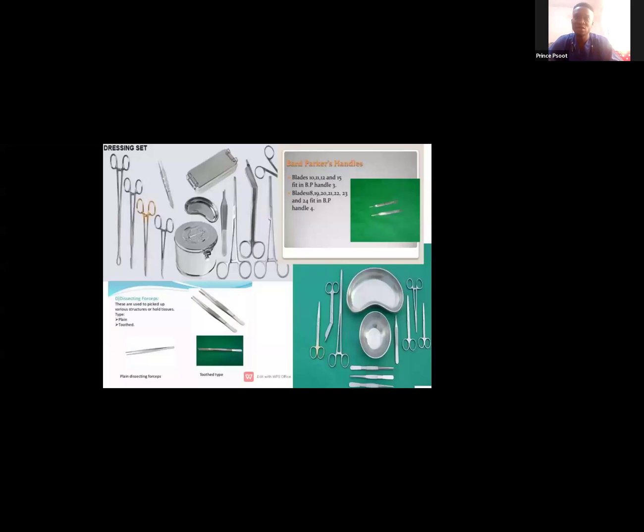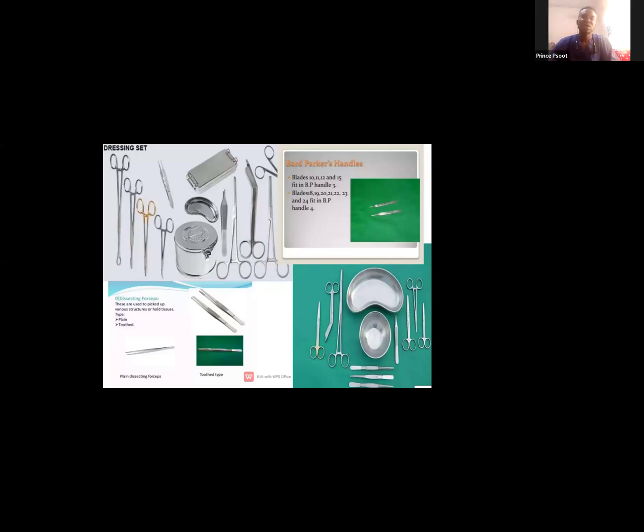And here are pictorial representations of the things we need. So we can just browse. Most of these instruments are not really hard to know, though there are a lot of instruments and we may not know all their names. But the major ones we use for wound dressings, like the scissors, the sponge holder, the artery and dissecting forceps, the probe, all those things, we can easily browse them, look at them, see them up close, so we understand, because there is no point in you using an instrument you can't identify.